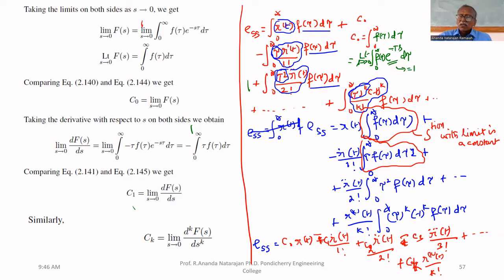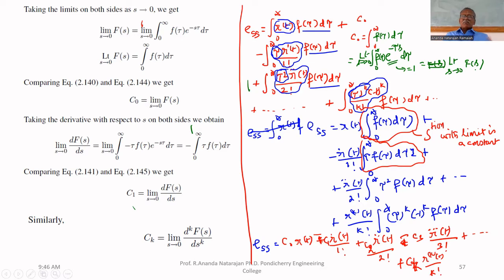But the integral of 0 to infinity f of tau e power minus tau s d tau is equal to F of s. The definition of Laplace transform is f of tau e power minus tau s d tau. That is F of s. So this is equal to limit s tends to 0 of F of s.